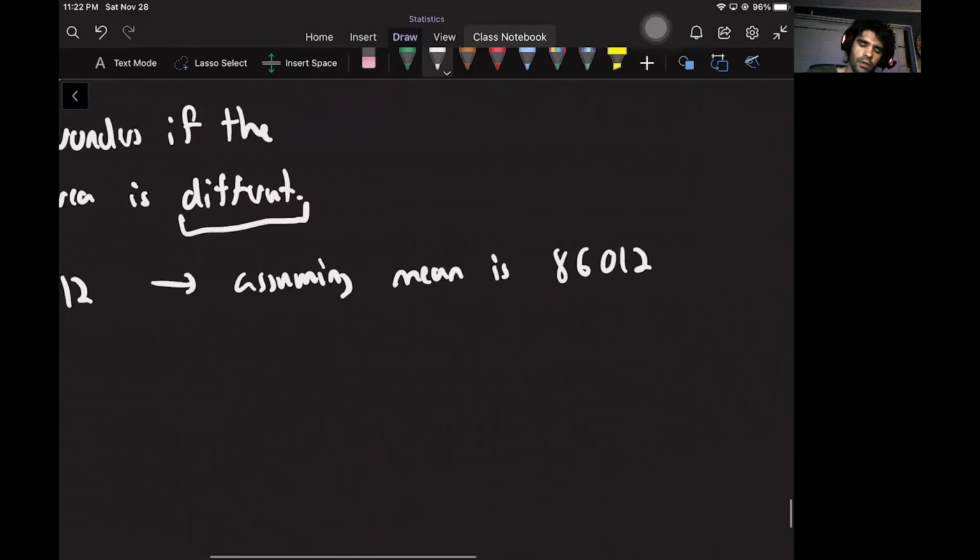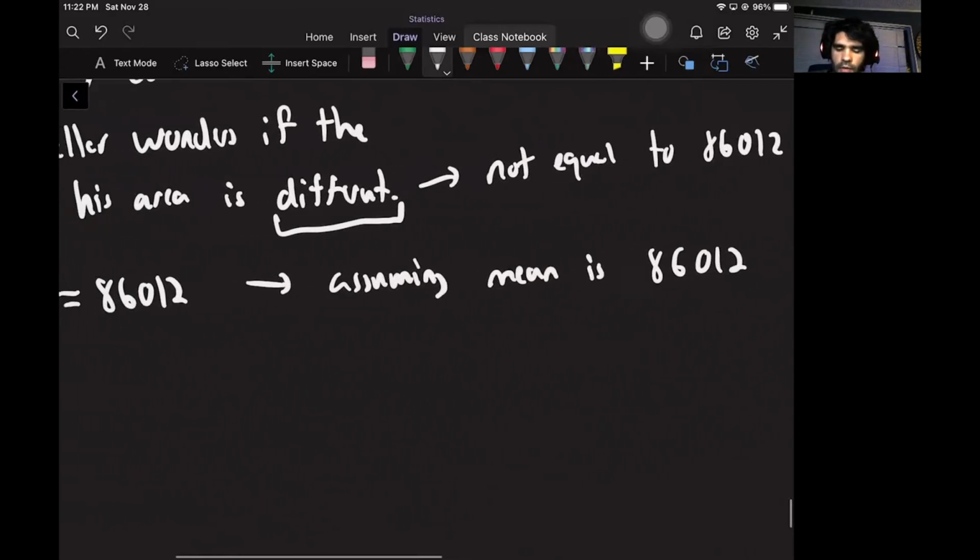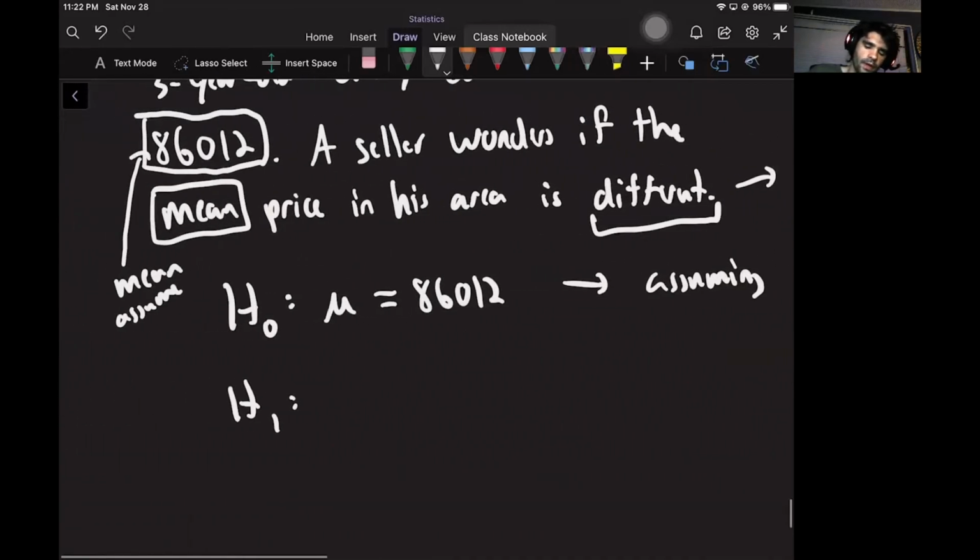So that's the key word there. And that's really saying not equal to 86,012, because they're not specifying whether they think it's more or less than that amount. So this is the alternative hypothesis in this situation.